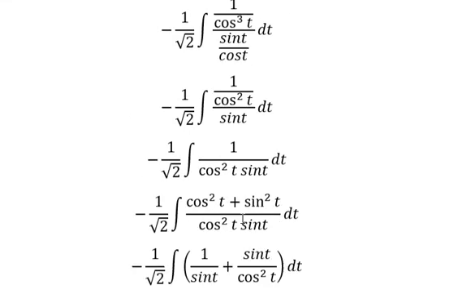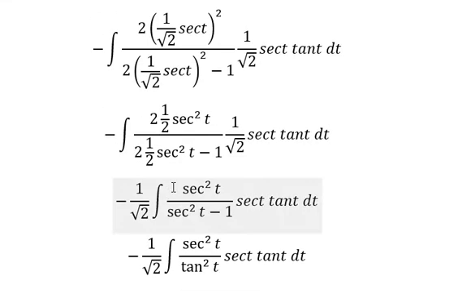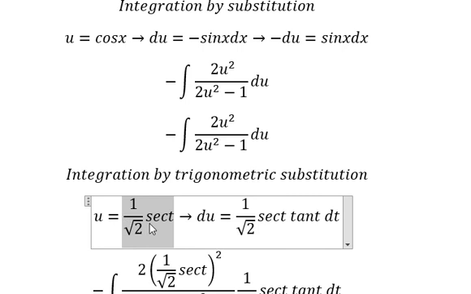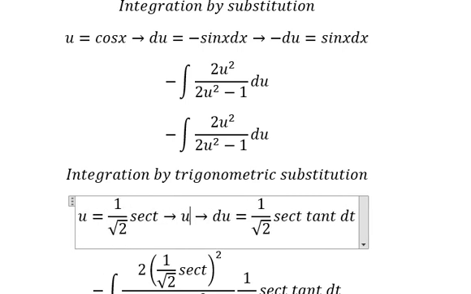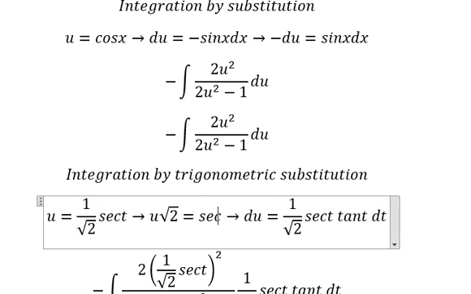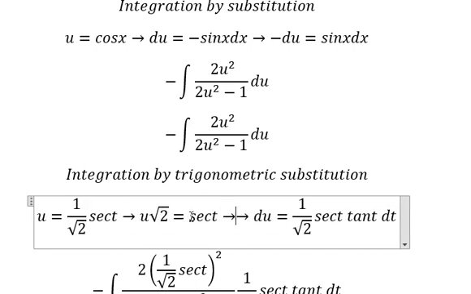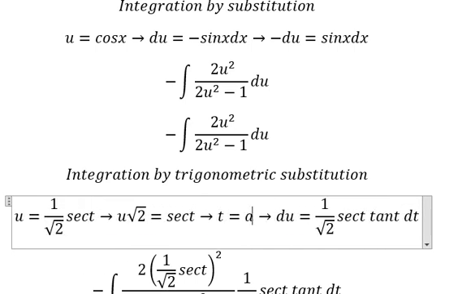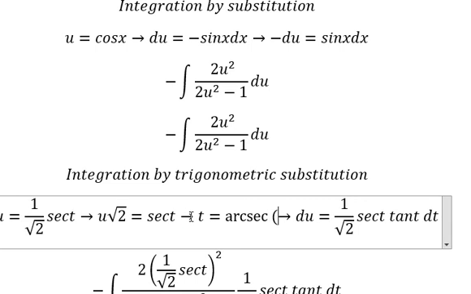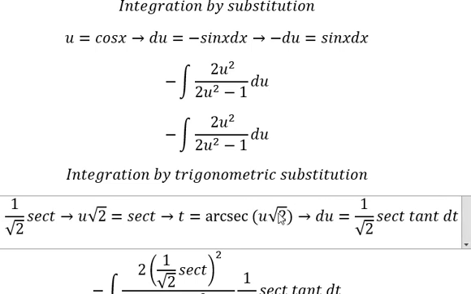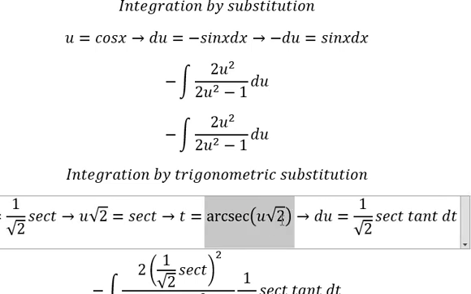About t, that is this one. So we multiply both sides by the square root of 2, and we have t equals arcsecant of this one. So we put this one to replace t.